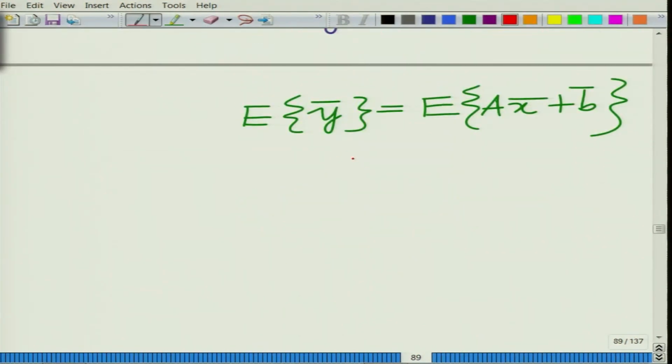What is the mean of y bar? Expected value of y bar equals expected value of A times x bar plus b bar.